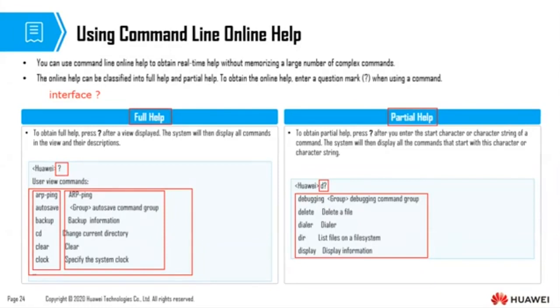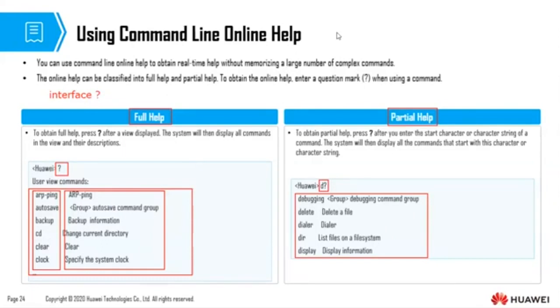The question that he's asking: you see the interface you've typed above under full help, there's a space between interface and the question mark. I believe that's what he wanted to clarify. Is that full help or partial help?